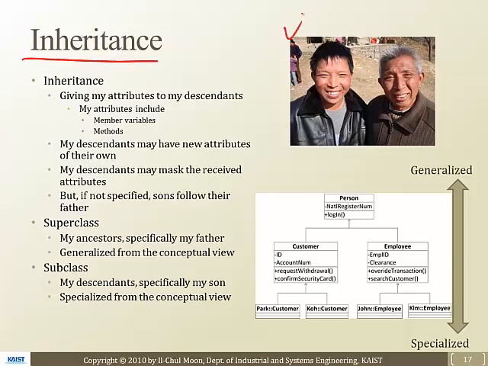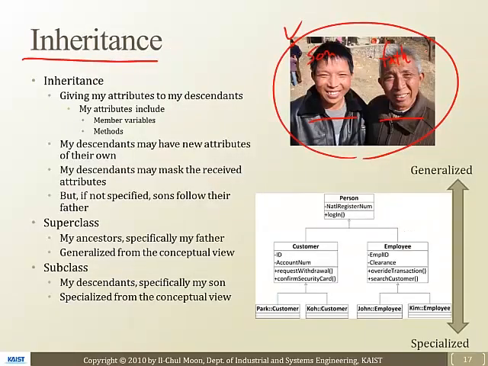Why don't you look at this picture? So this looks younger, this looks older. Seems like these are son and father, right? And son inherits some characteristics from his father.